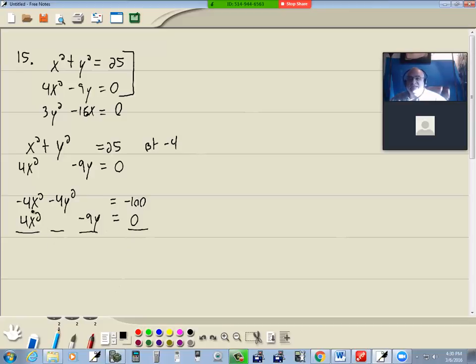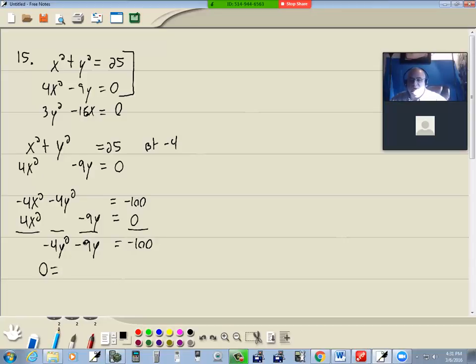So now if I add these, negative 4x squared plus 4x squared drops away, and this just comes down, so we got negative 4y squared minus 9y is equal to negative 100. Now if for some reason we are left with some kind of x in here, then I might have to use the other equation to work at eliminating. But since everything's in the same variable now, y, then we can work with this.